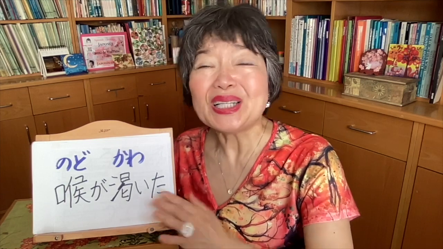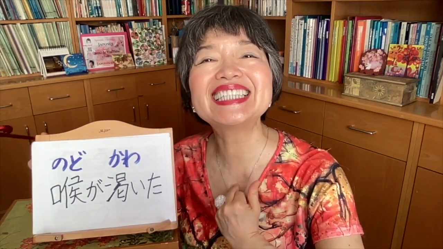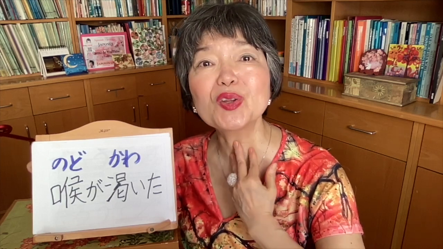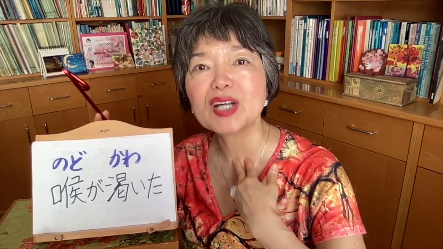The expression to say I'm thirsty: 喉が渇いた。Or you can say in the polite form, 喉が渇きました。We always say this expression in the past tense because 喉 here is the throat. And 渇きます, the verb, means to get dry.